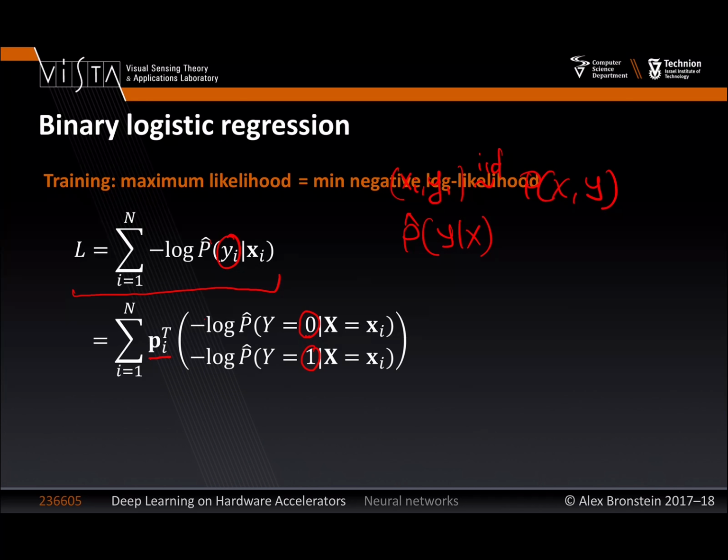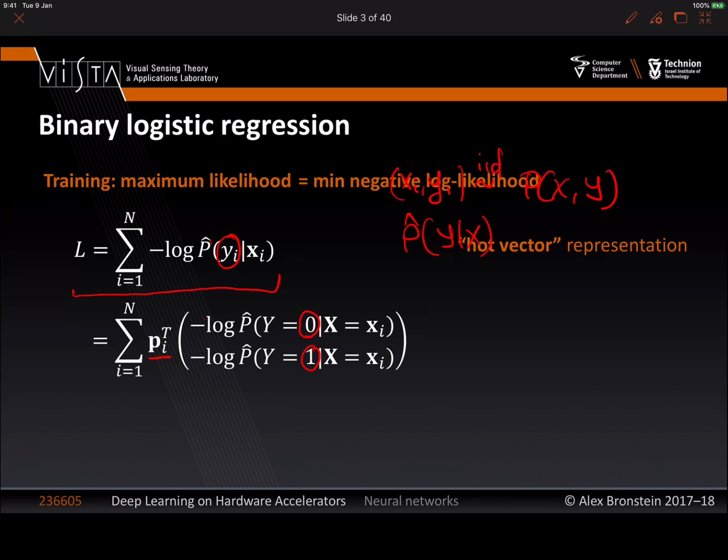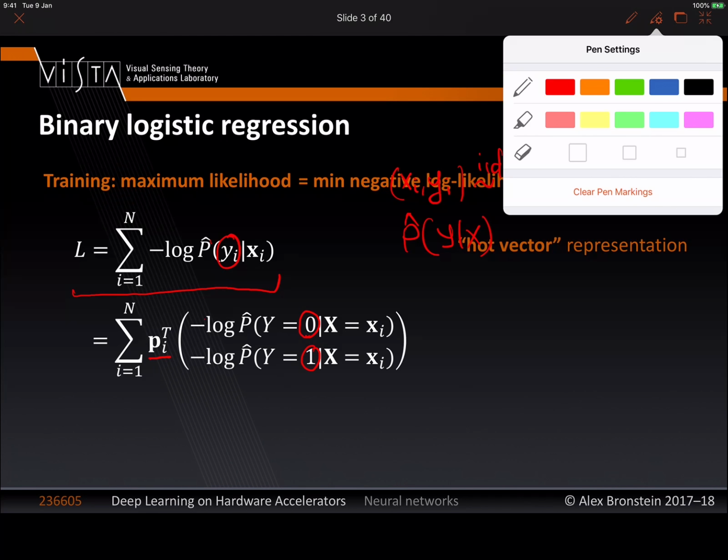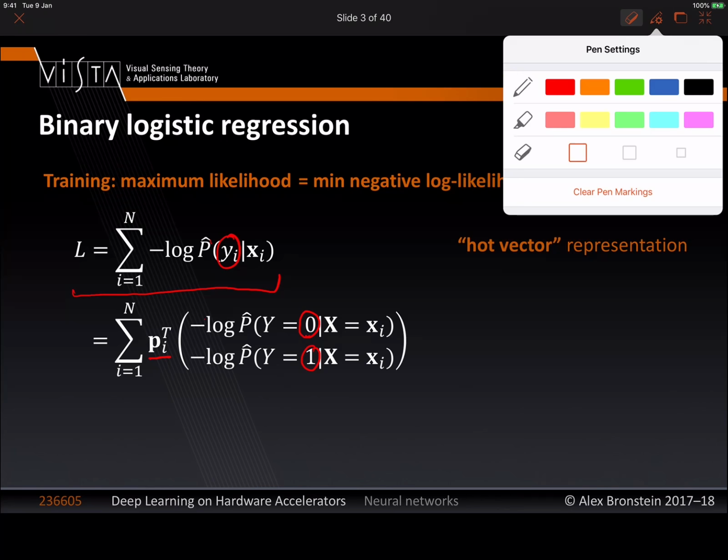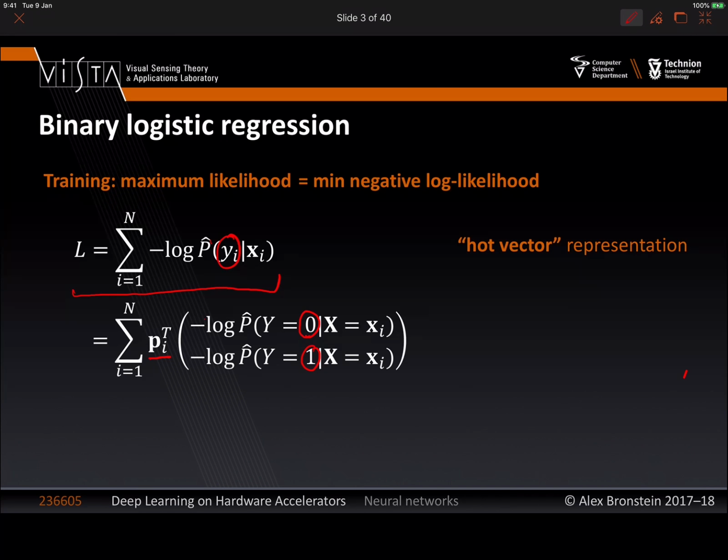Of course, they sum to 1. Now, what is this pi? So this pi is typically called the one-hot encoding, or the one-hot vector, representing my label. Basically, this is the ground truth knowledge of my label, right?